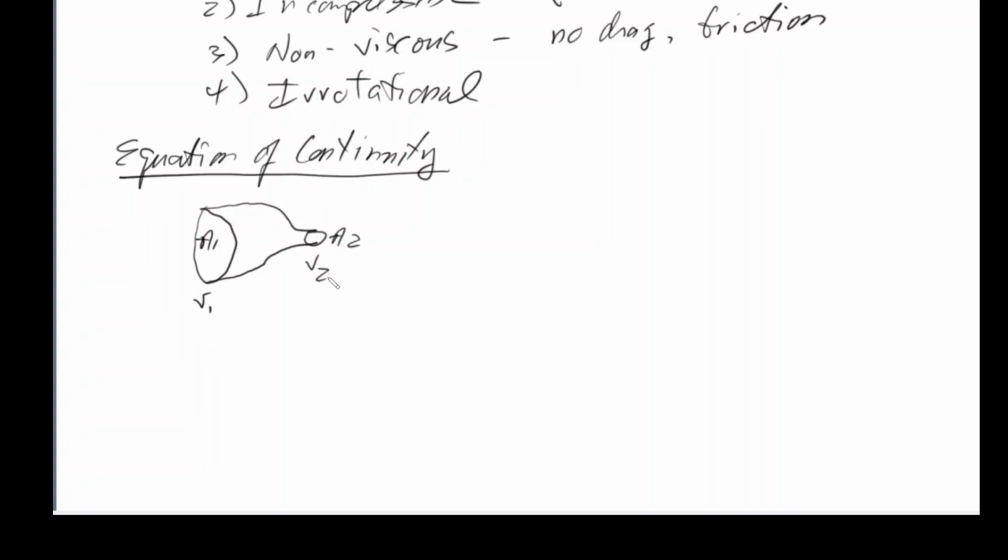Okay, and the fluid's moving this way. This states that area 1 times the velocity 1 is equal to area 2 times the velocity 2, and that is equal to a constant. And that is the equation of continuity.